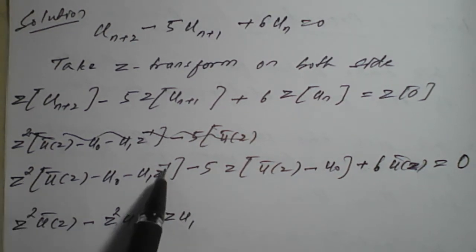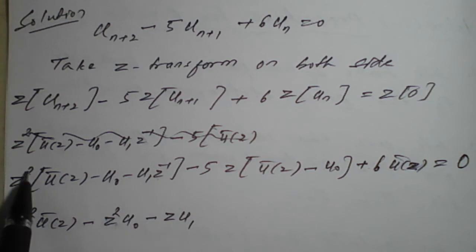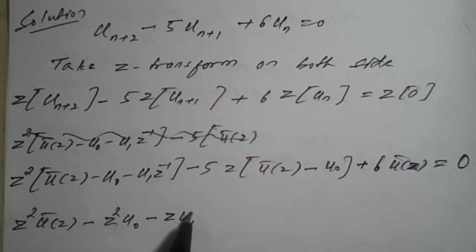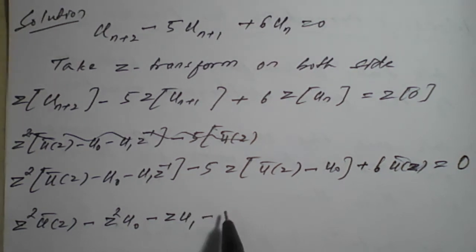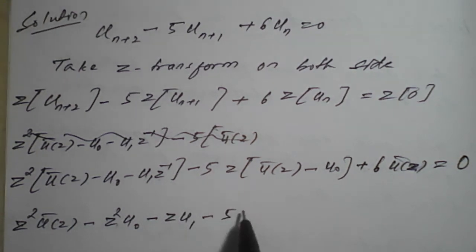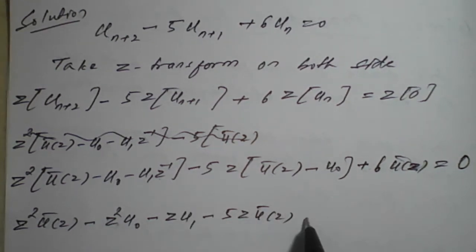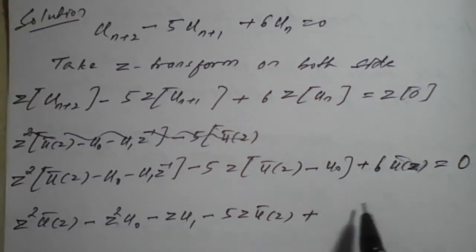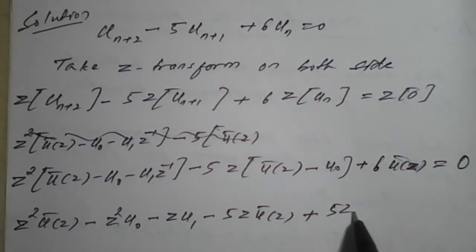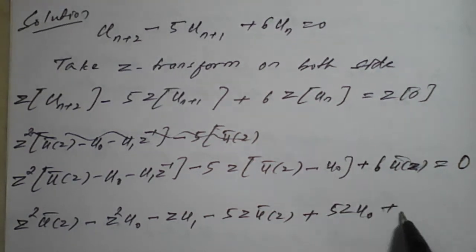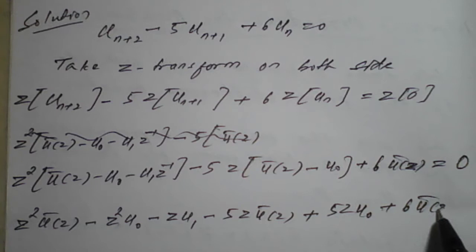Z square into Z raised to minus 1, bases are same, 2 minus 1 will become 1, that's why Z raised to 1 into u1. Minus into plus is minus 5Z into u dash of Z, minus into minus is plus 5Z into u naught, plus 6 times u dash of Z equal to 0.